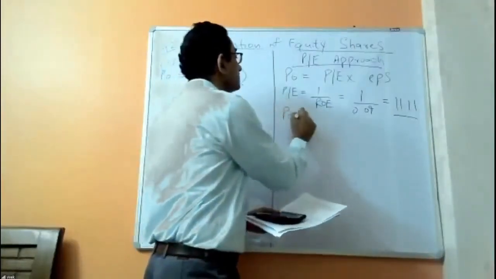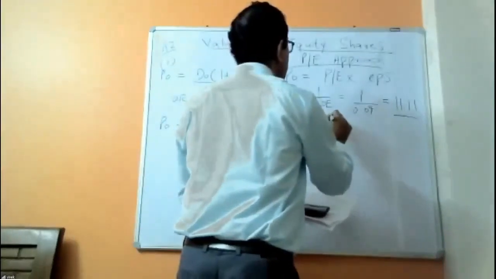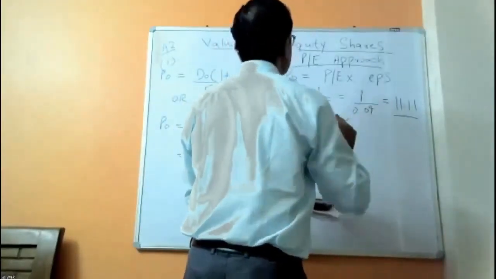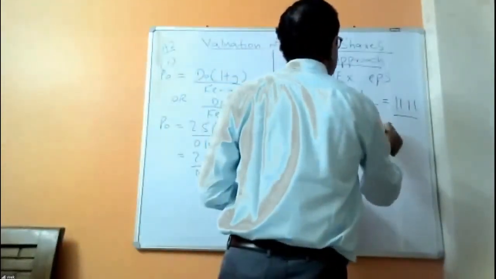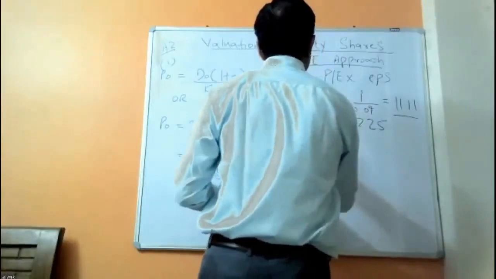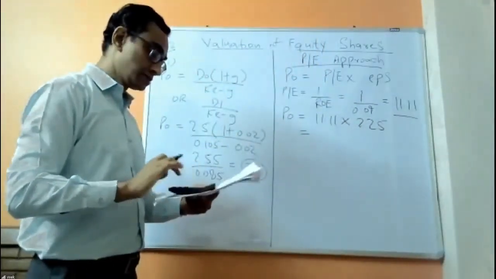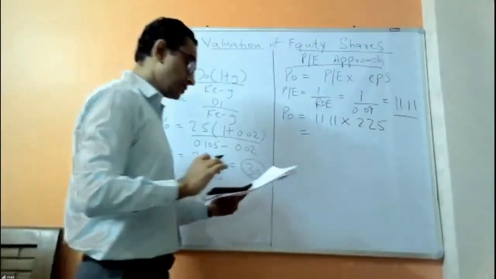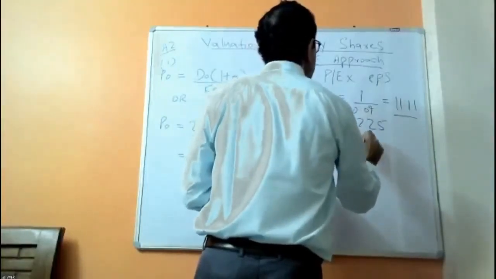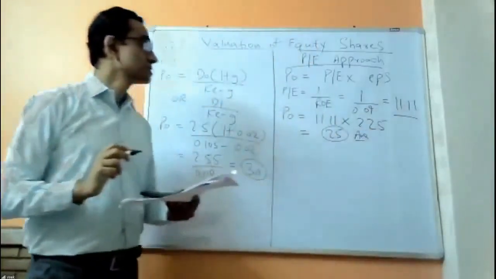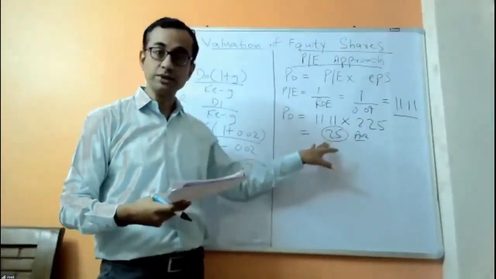So P0 will be 11.11 multiplied by the EPS figure which is given, that is 2.25. So your answer will be 24.95 or 25. So 25 is the answer. On the basis of price earning multiple, the present value which is arriving at is ₹25.